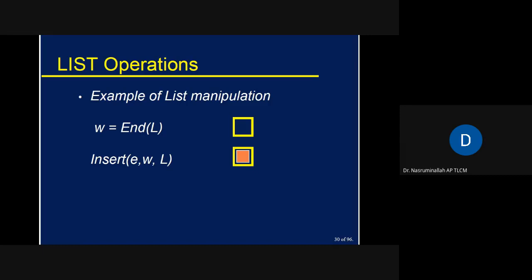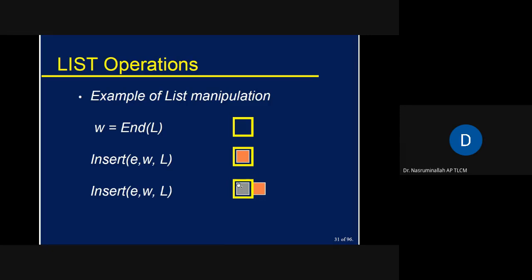It already contains an element. So if you are going to insert a new element with the focus on the existing element, the existing element will be moved to the right, and the new element will be inserted to the left of the existing element. That's how it will be performed. You can see here the new element is inserted and the window is actually focused on the newly inserted element.